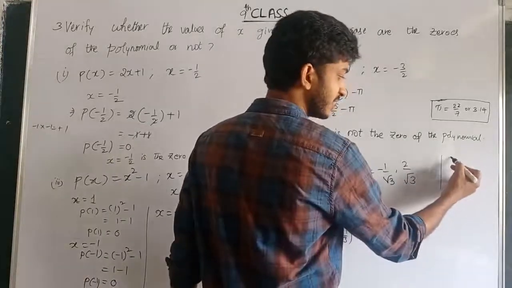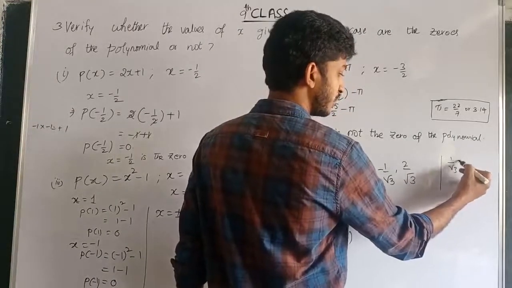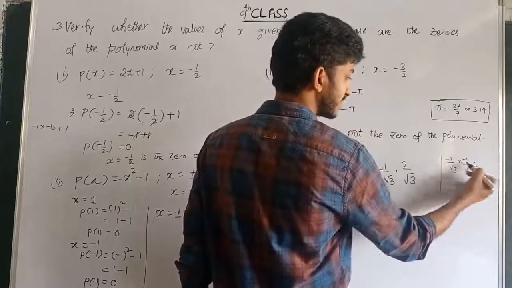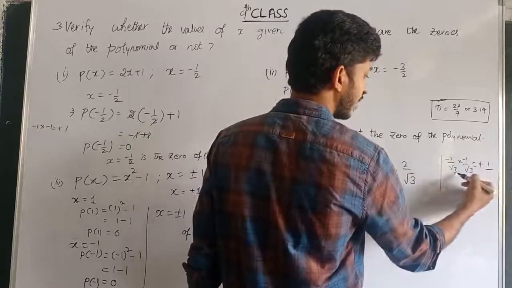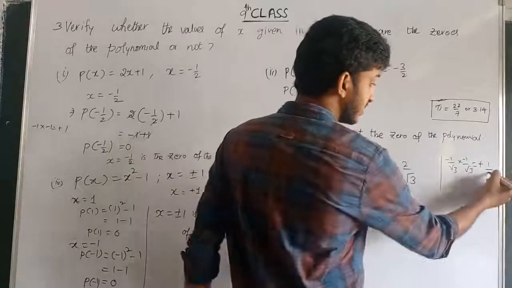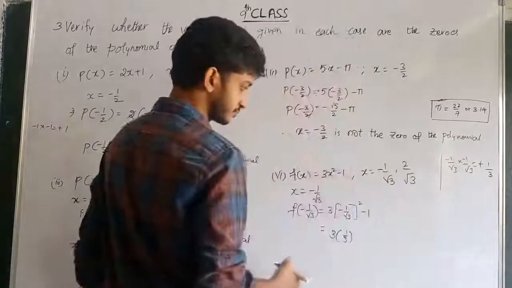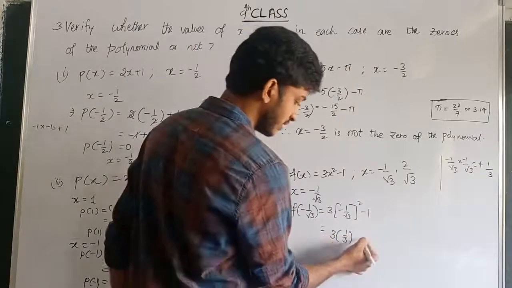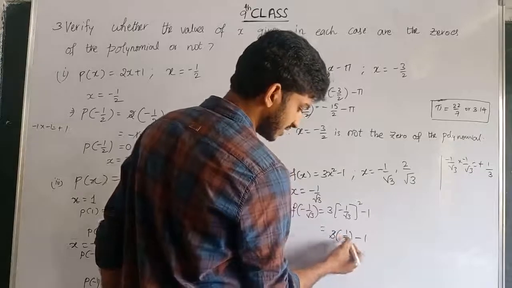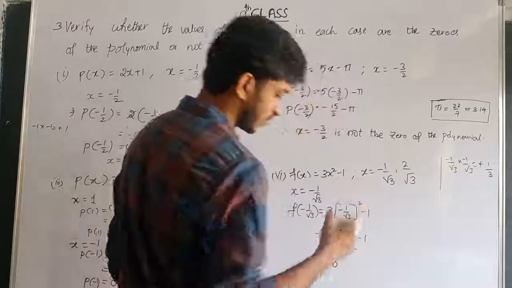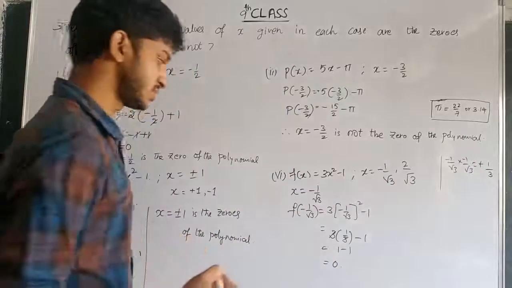How does it become 1 by 3? Minus 1 by root 3 into minus 1 by root 3, minus into minus is plus, 1 into 1 is 1, and root 3 into root 3 whole square means 3. Okay. Here square and root are cancelled and we have 3 only, minus 1. 3 cancels here, we have 1 only, 1 minus 1 equal to 0.